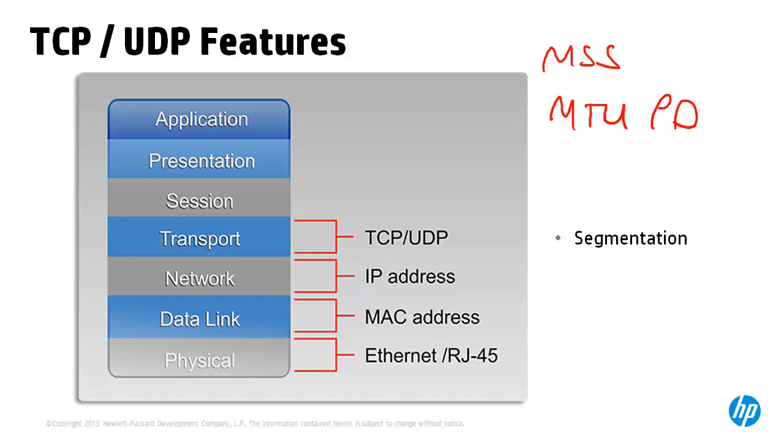TCP will then only send enough data in a single packet to support the smallest MTU along the path and thus to avoid fragmentation of packets and the additional overhead associated with fragmentation and the putting together of the IP fragments. UDP, on the other hand, doesn't support this and expects higher layer protocols to put the fragments back together again.